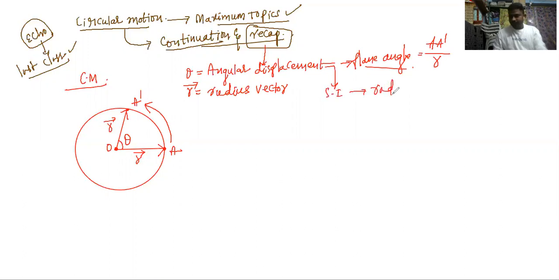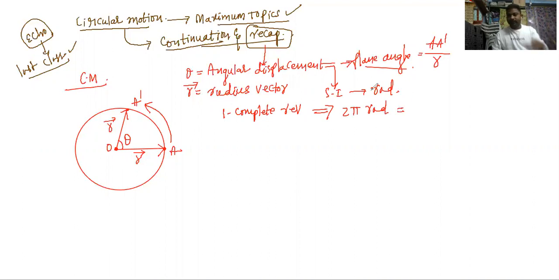Imagine a particle has finished one complete revolution. Then I can say 2 pi radians it has finished. Will you agree with this?